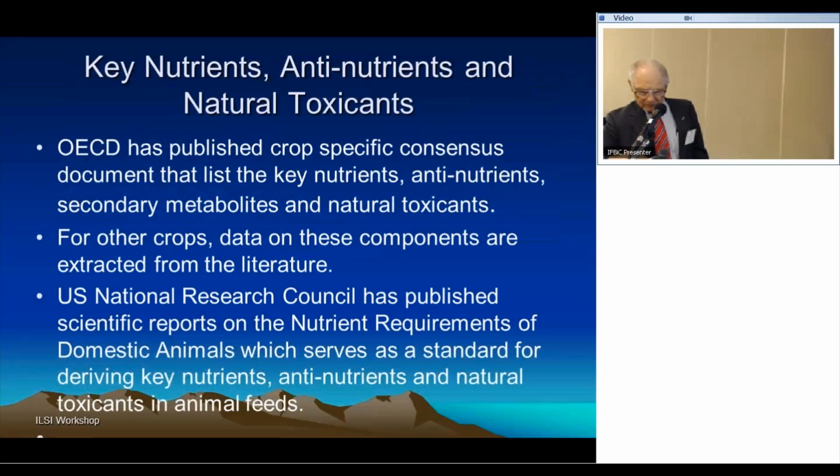In that respect, as Kathleen Jones had told us, OECD has published crop-specific consensus documents that list the key nutrients, anti-nutrients, secondary metabolites, and natural toxicants. For other crops, data on these compounds are extracted from the literature because there are other plant varieties, other than those covered by OECD and the ILSI database, for which we have to find composition data.